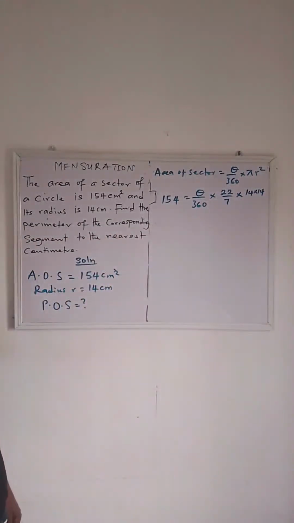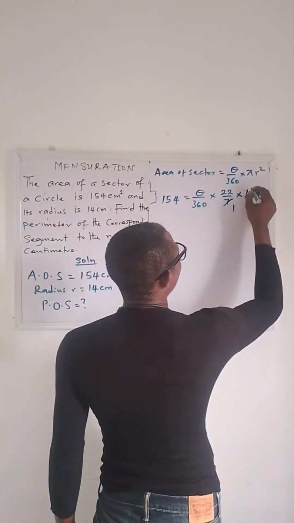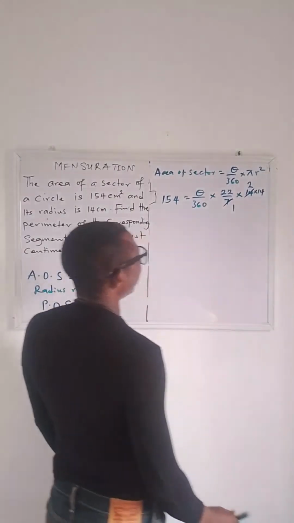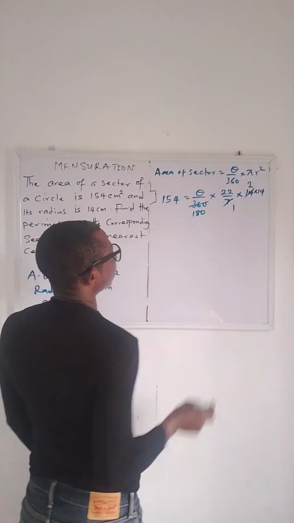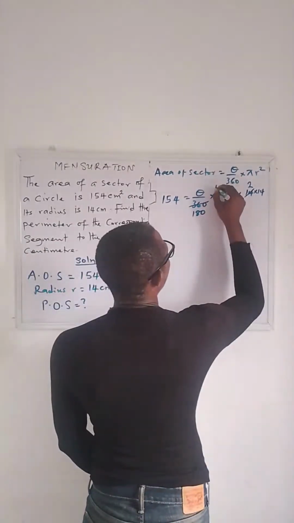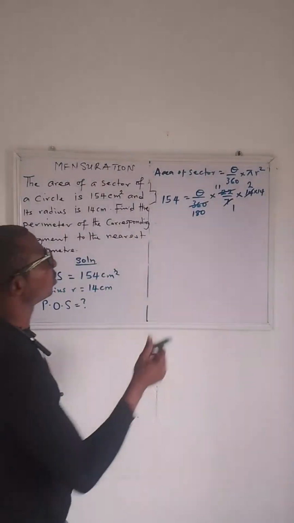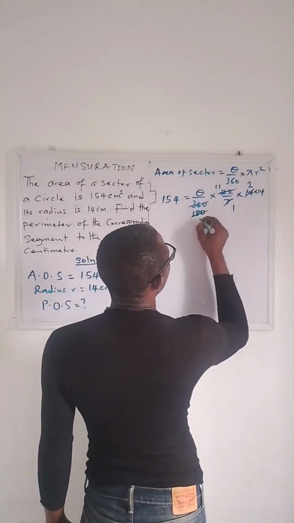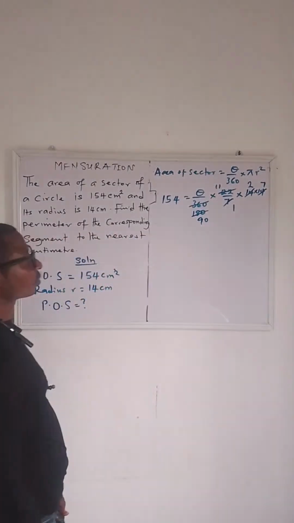Now let's find a way of simplifying this. 7 goes here 1, 7 goes here is 2. Now 2 goes here is 180. Now 2 goes here is 11. So what else? We can see that 2 goes here is 90. 2 goes here is 7. All right.